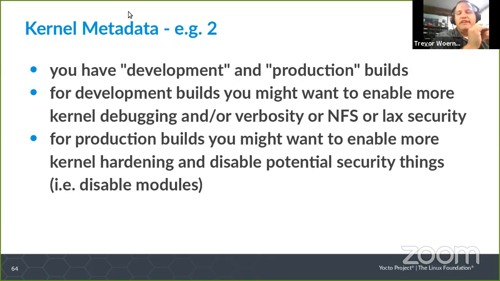You might want to enable hardening or random stack stuff and all that sort of stuff. So again, you could have flavors for development and production. You just simply enable them or not, depending on the build, and it keeps it all neatly put together.